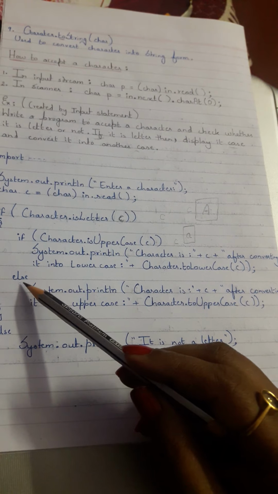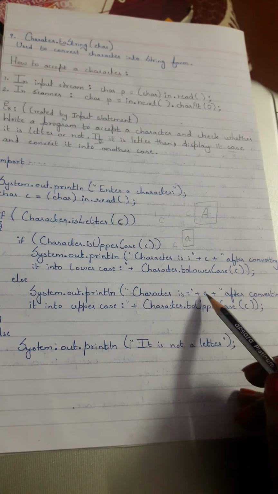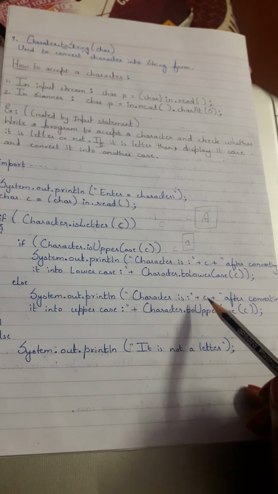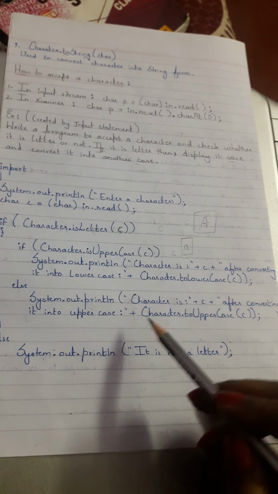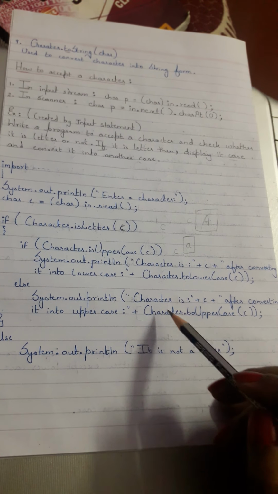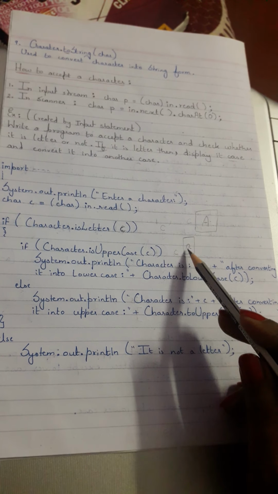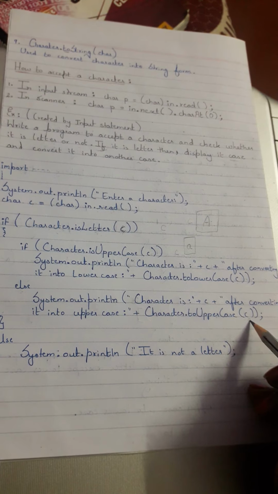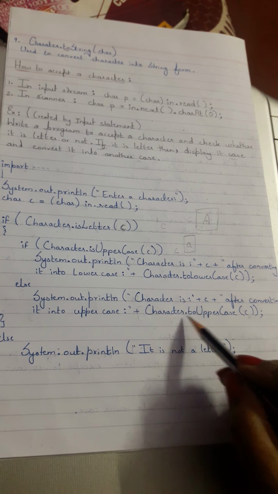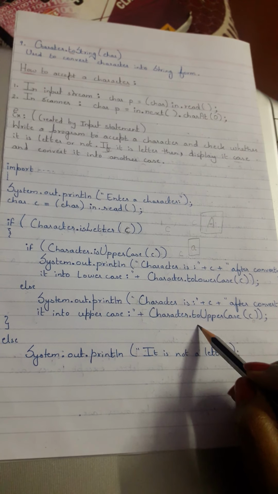That's why I have written else here. System.out.println: character is small a. After converting it into uppercase, what are we getting? Character.toUpperCase. This function gives capital A, because here I am providing small a. Character.toUpperCase is the function which converts small a into capital A.